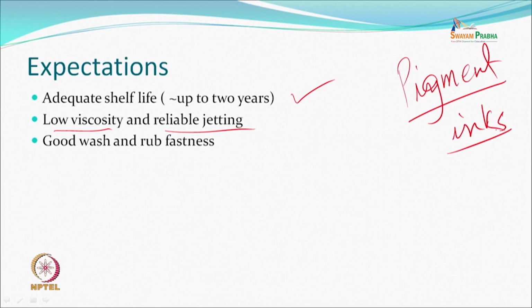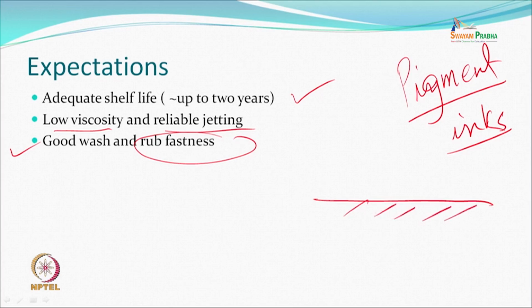For pigment inks, of course, we will wish for good wash and rub fastness. Rub has come in here because now you are looking at a textile substrate, you have some pigments, and then there is a film which is holding them. So expect either wet rubbing or dry rubbing.